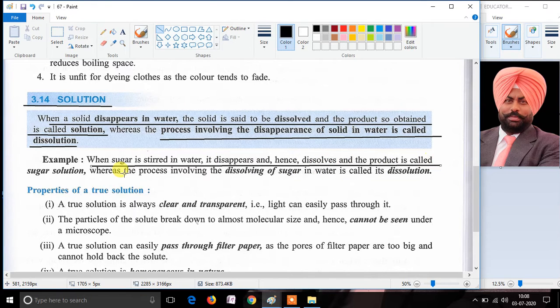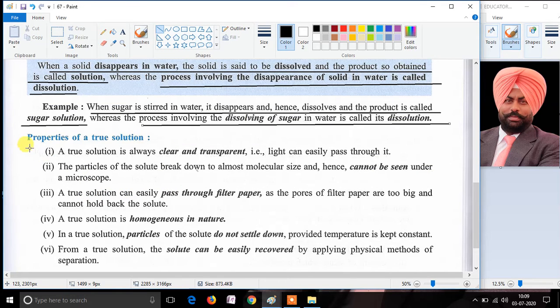After dissolution, we obtain sugar solution. Now the sugar gets dissolved in the water and the process is called dissolution. Hence, the sugar gets dissolved in water and a solution is obtained which is called sugar solution.